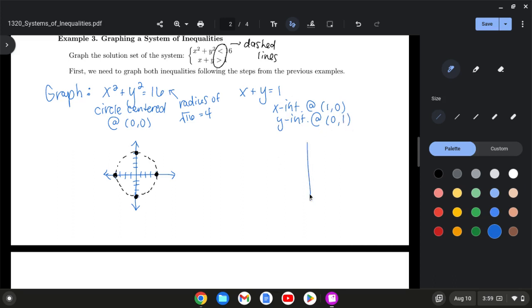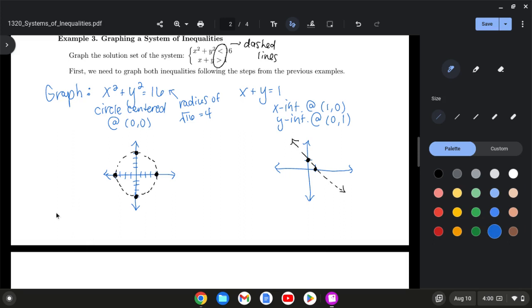And so if we graph that, again, we're going to plot this using a dashed line because it's a strict inequality. And there are our graphs.